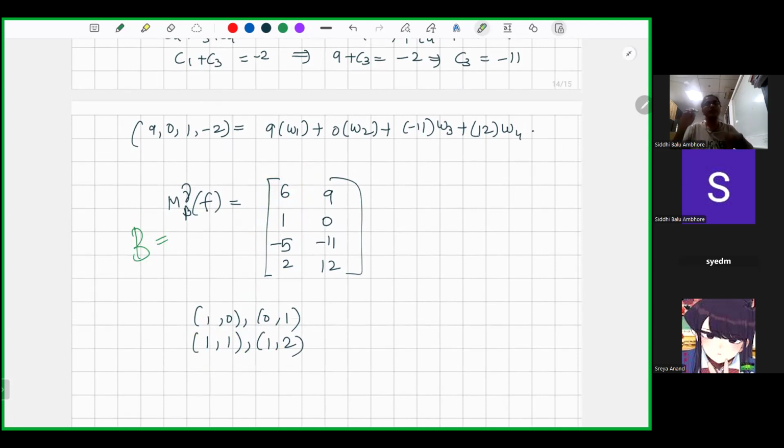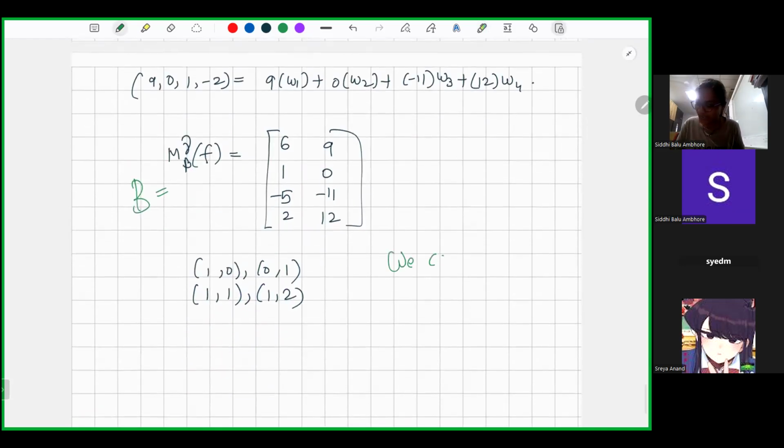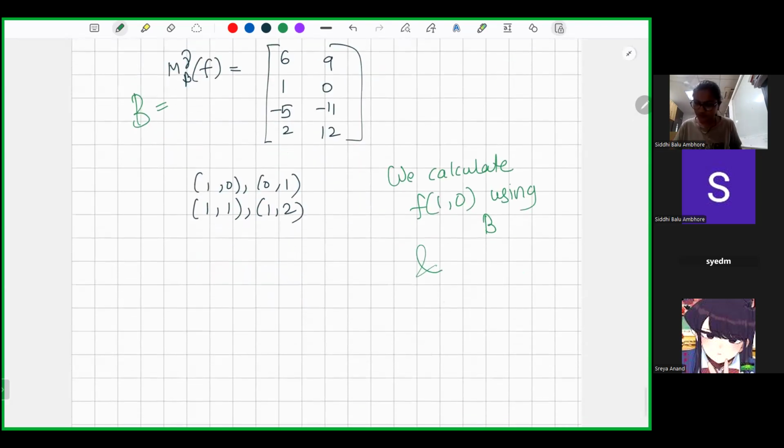So let us calculate the image of 1 0 using this one and 1 1 using A. So what we do is we calculate f of 1 0 using B, not 1 0. Let us do it for 0 1, okay, for simplicity. And f of 1 2, let us keep it 1 2 using A.